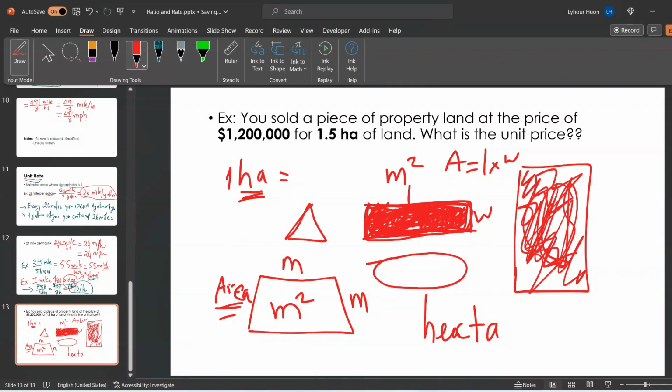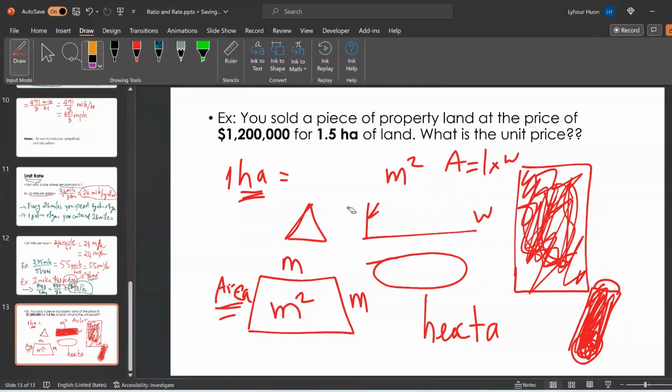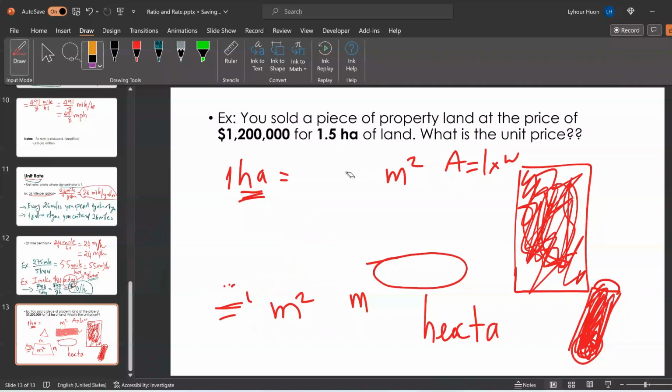If it's volume, meaning all of this, it's three dimensions. This surface plus the height is the volume.